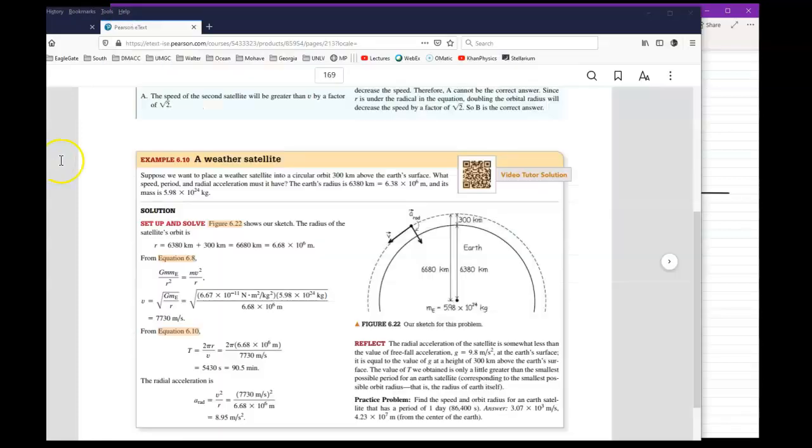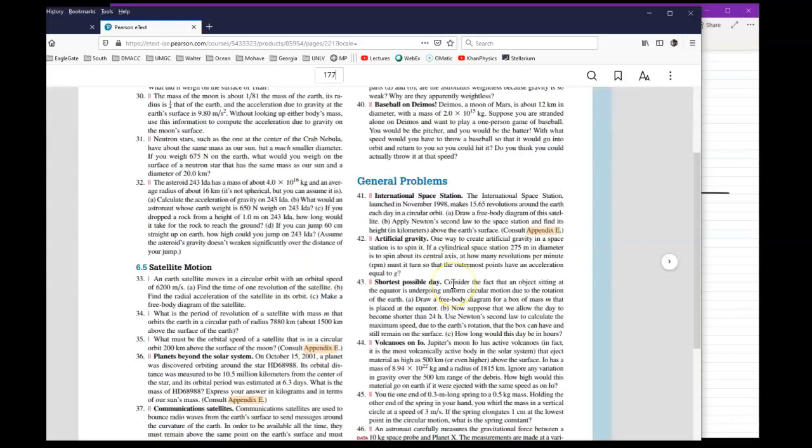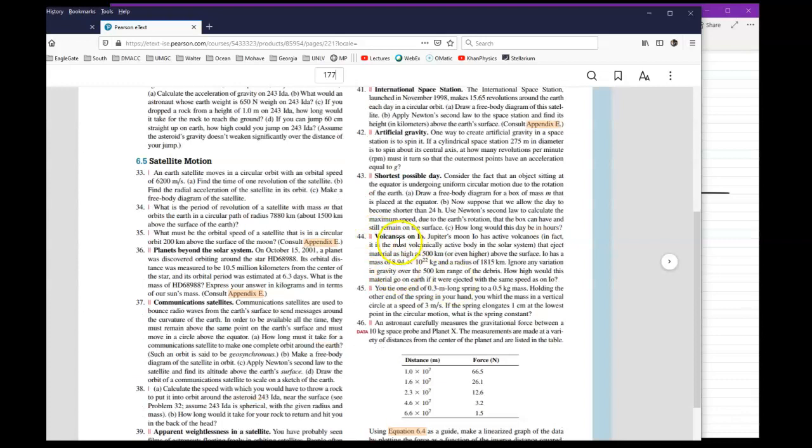Okay, page 177, number 44. Right there, it says volcanoes on Io. Io is one of the moons of Jupiter. It says Jupiter's moon Io has active volcanoes.